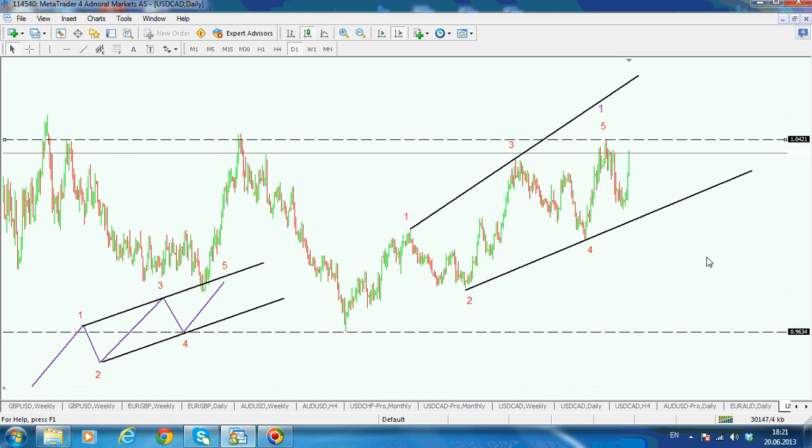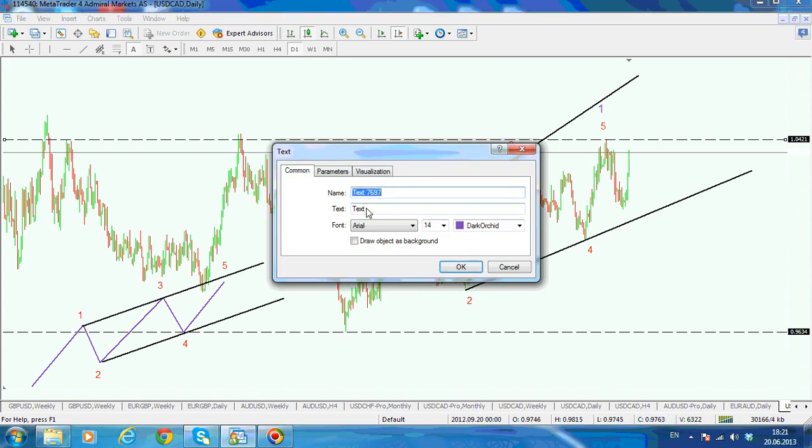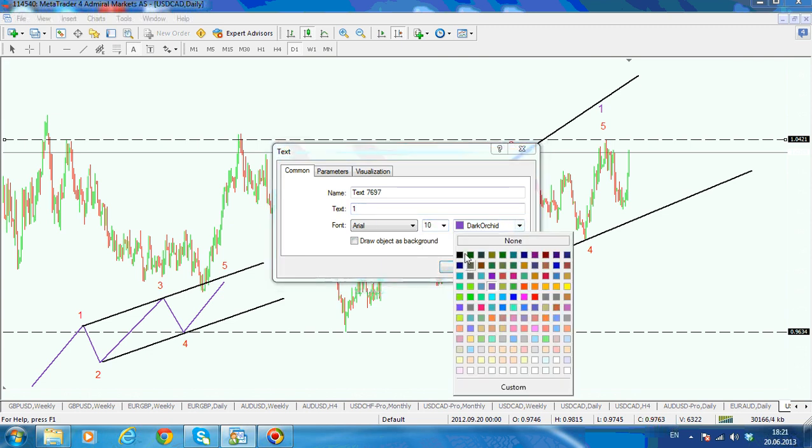Then the first wave of a leading diagonal must be an impulse or a leading diagonal. Now this is the first wave, so from here to here, it must be an impulse or a leading diagonal. Either way, we are looking for waves of a lower degree, and waves of a lower degree should be marked differently. So if this is a 1, let's make it black.